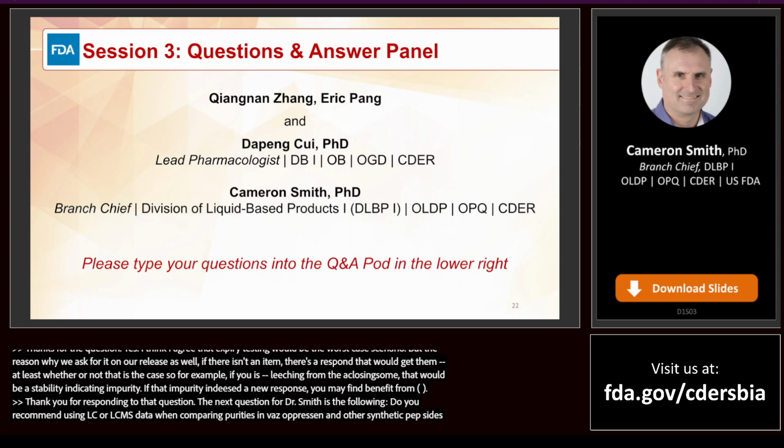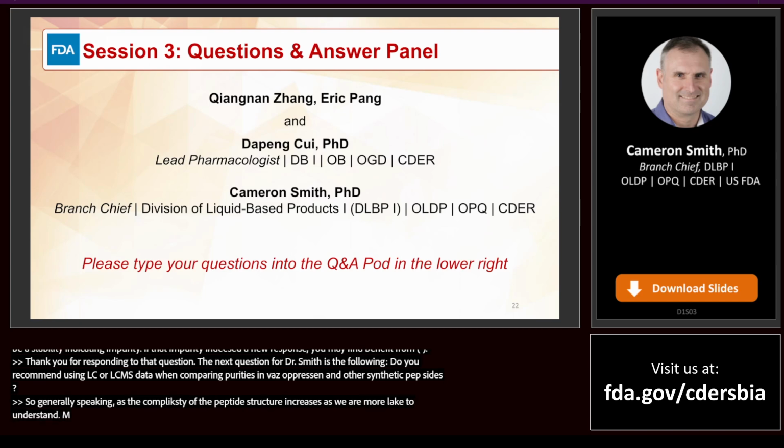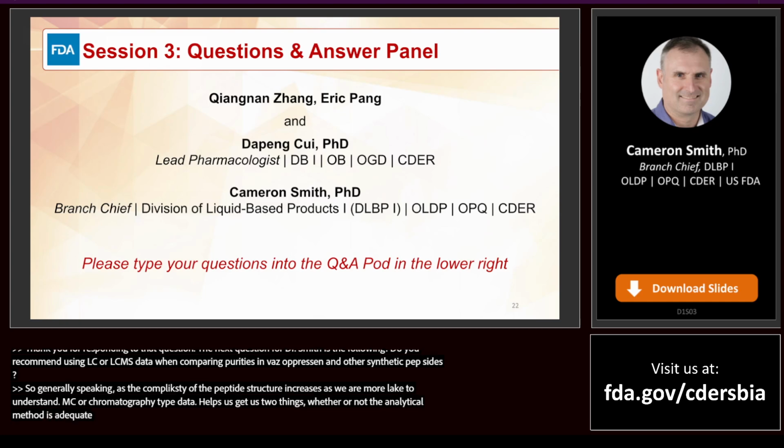Yeah, so generally speaking, as the complexity of the peptide structure increases, we are more likely to recommend LCMS data or some sort of two-dimensional mass spectrometry and chromatography type data. It helps us get at two things, whether or not the analytical method is adequately separating all of the peaks that are present, all of the impurities that are present, because you can use the second dimension of mass spectrometry to elucidate peak purity.